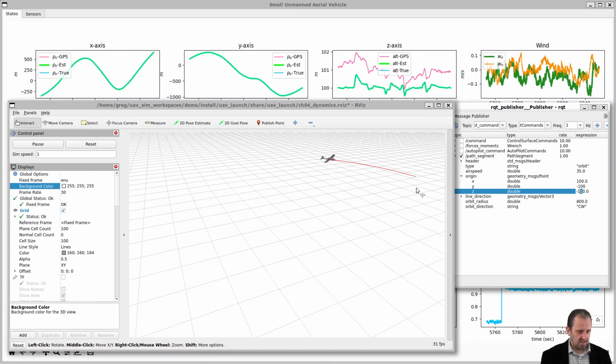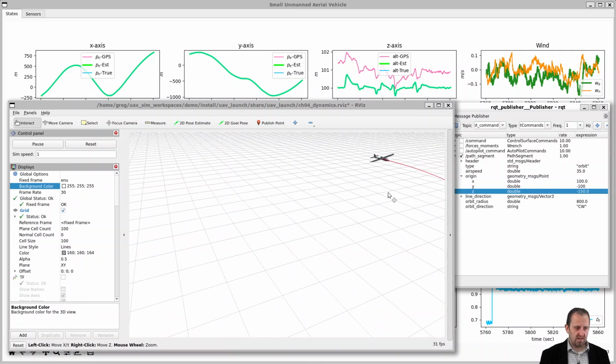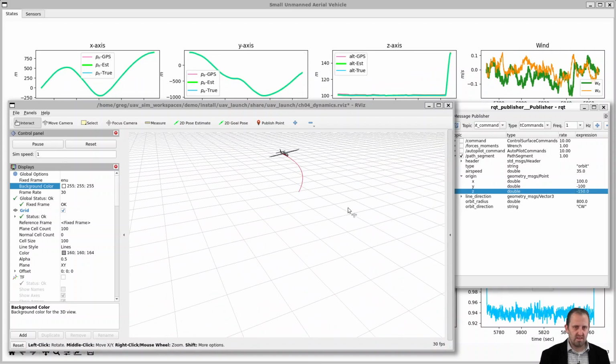Now if we change this up, we just have our orbit up at a higher location, and we just use that same height command that we did for following the straight line. There you have it. Now we have an orbit following control law.